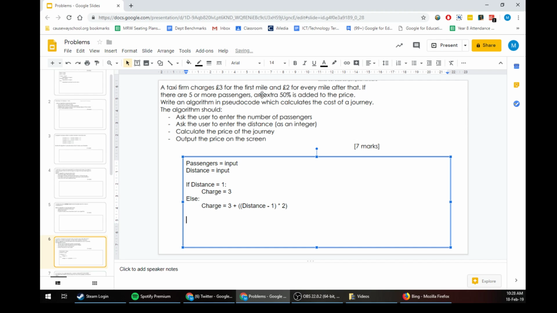And then what we're going to do is if passengers is 5 or more, so it's going to be greater than or equal to 5, charge equals charge plus 50%, or a better way of doing it, charge equals charge plus charge times 0.5, which then gives us our 50% again as well.